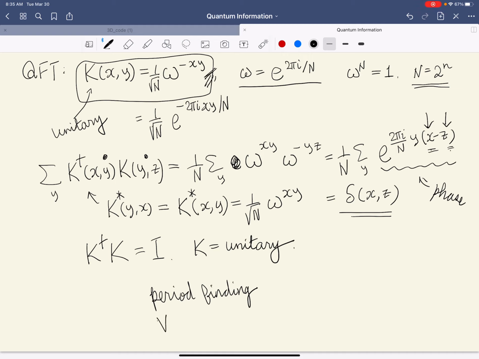And in case you have been following the literature somehow, you may have encountered this acronym, variational quantum eigensolver.